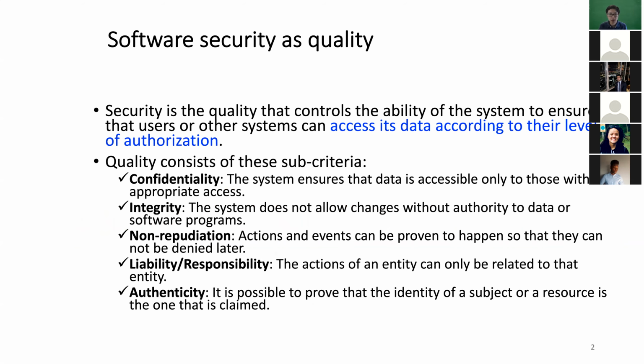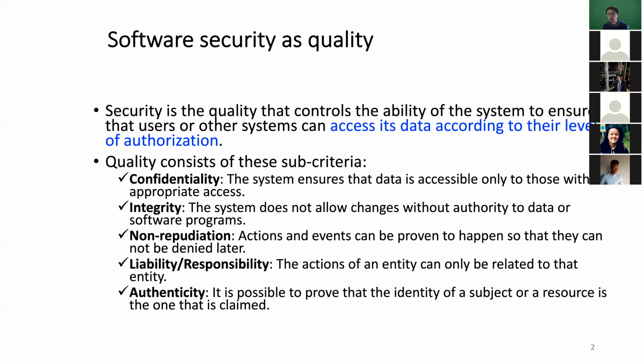Basically, software security is a quality that controls the ability of the system to ensure that users or other systems can access its data according to their level of authorization. Just remember that it is about users accessing the system's data according to their level of authorization. For example, if you are admin, you have access to almost everything.